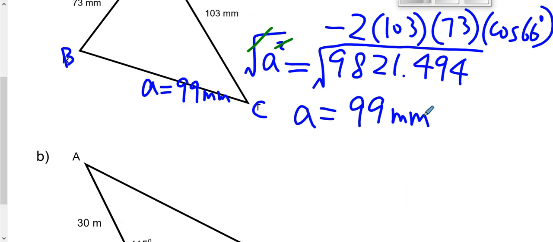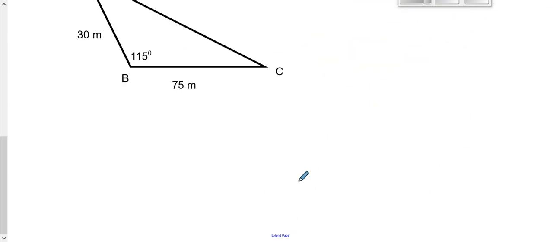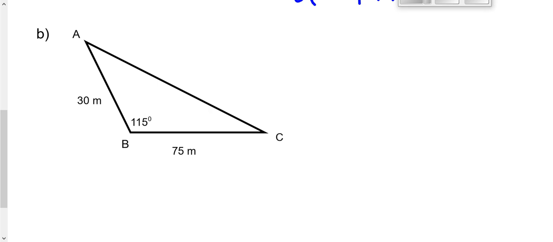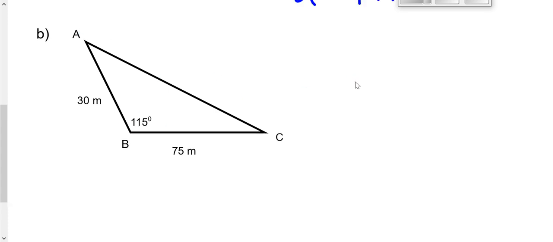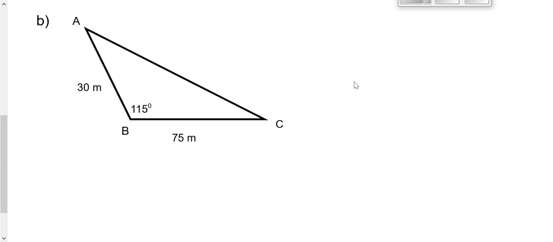Okay, next question. So this one here, we do have A, B, and C, but the problem is the side we are looking for, which is this one, is not A. If you want, you can stick with the notations they used here, but for me, I am going to change the notation so that I don't have to keep track of which one is which.